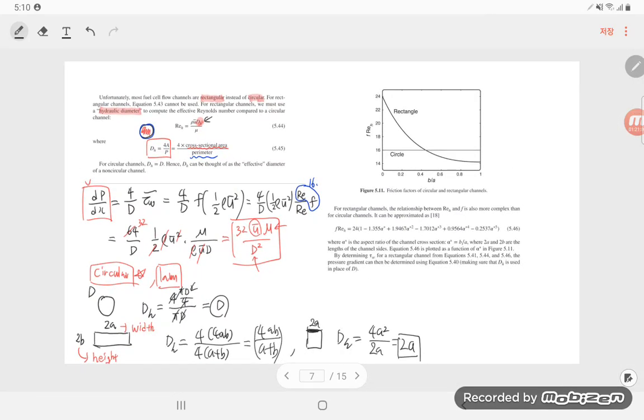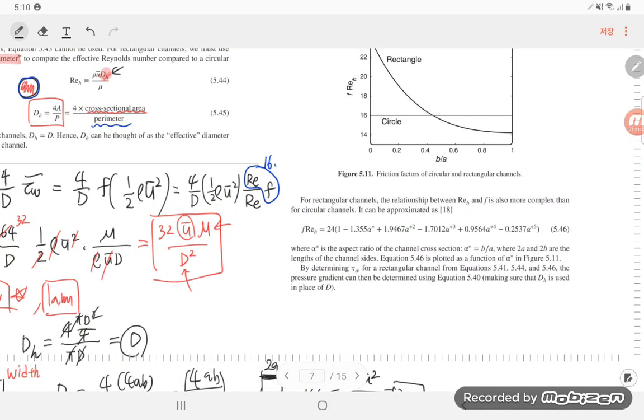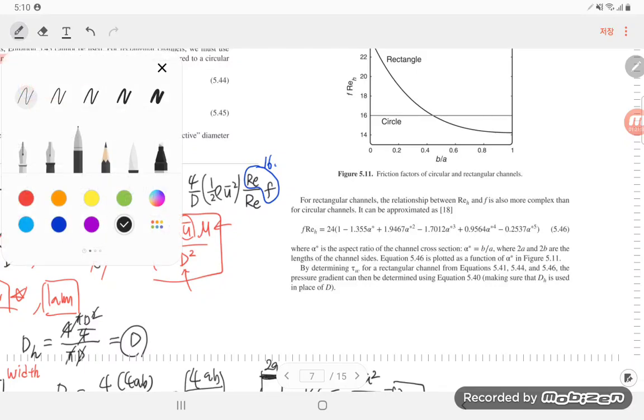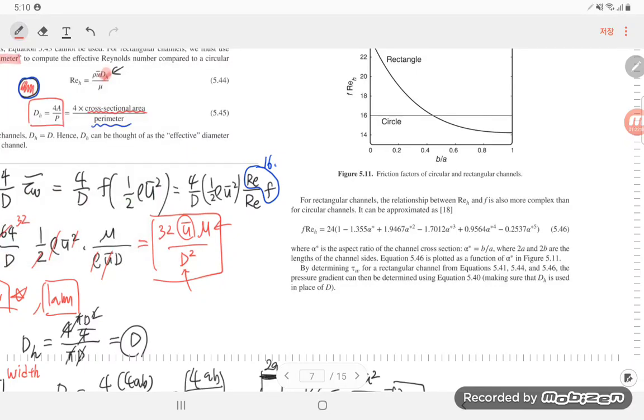Okay, and also, most importantly, for rectangular channels, the relationship between Reynolds number and friction factor is also different from the circular channel, because the circular channel has a constant value of f Reynolds, but here it depends on the aspect ratio of the rectangular channel.